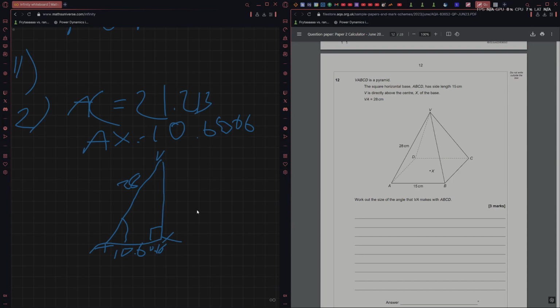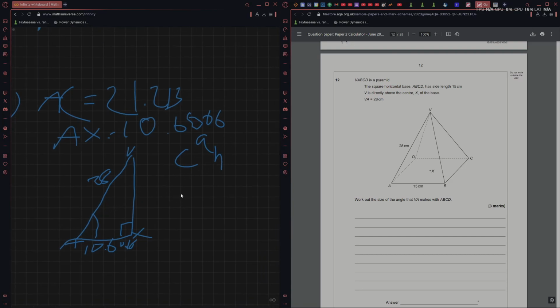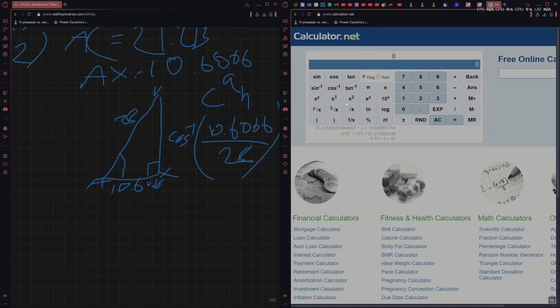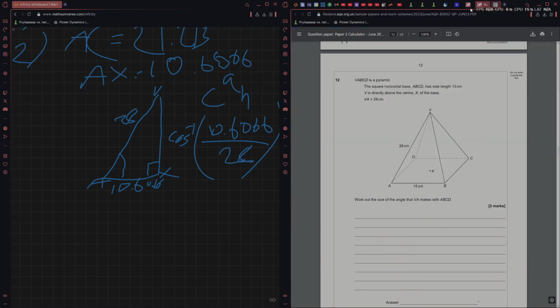So this is hypotenuse, cos. It's adjacent over hypotenuse, so 10.6066 over 28, or cos negative 1 of 10.6066 over 28. That's 67.74.